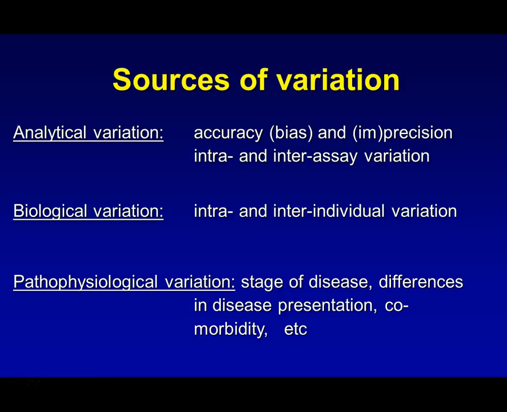Imprecision is also very important, and this is shown as intra and inter-assay variation. As said, the biological variation is divided into intra and inter-individual variation, but it should be noted that the pathophysiological variation is influenced by the stage of disease, the differences in disease presentation, comorbidity, etc.